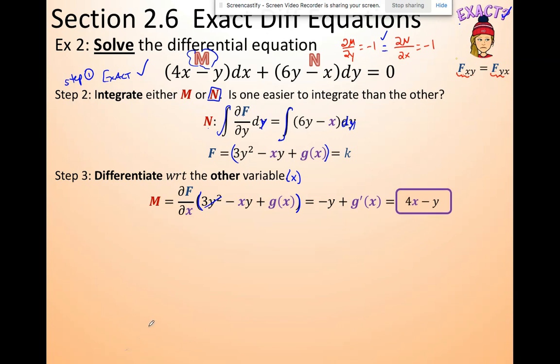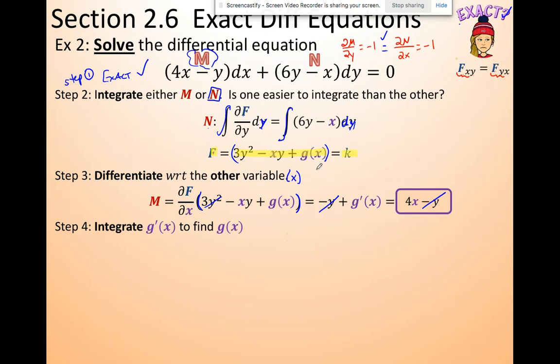Notice again, because I'm exact, what happens? The y's go away. So I have g prime of x is equal to 4x. Now I'm just going to integrate to find g, because remember, I'm almost done. Up here, f, I have two of the three terms.